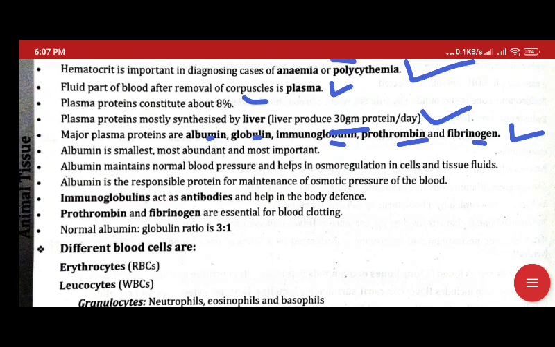Albumin, globulin and fibrinogen are in the ratio of 4:3:1 as given here. Immunoglobulin is an immune system booster, forming antibodies.